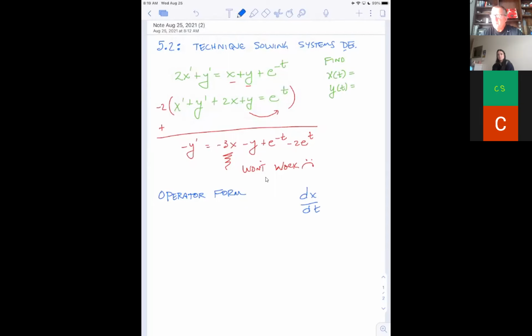But we're thinking of that as an operator. It's an operation, that letter D for derivative. It isn't like a variable. It's not a constant. It's actually an operation. And so we're going to take the derivative of x with respect to t, some x equation that's made of t's. We're going to take its derivative.